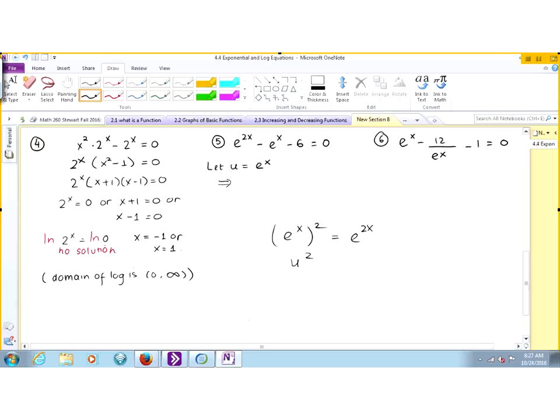If we let u equal e to the x, then what is this equation going to be? That's right. And we know how to solve this, don't we? So u minus 3 times u plus 2 is 0. So u is 3 or u equals -2.